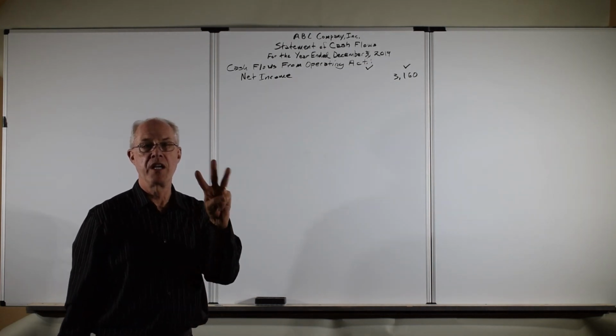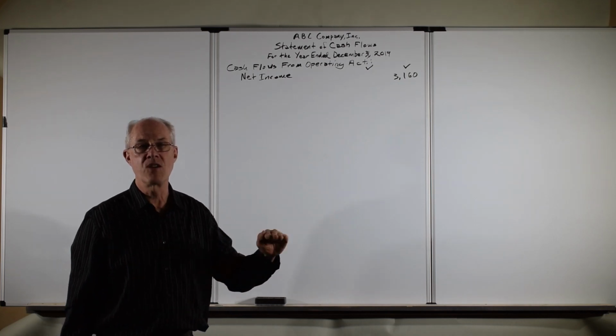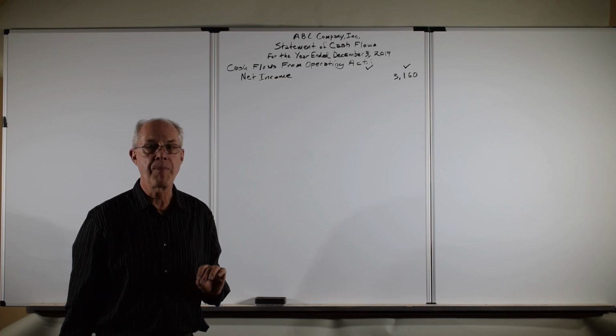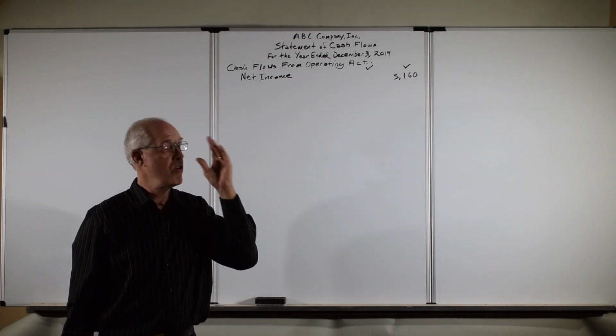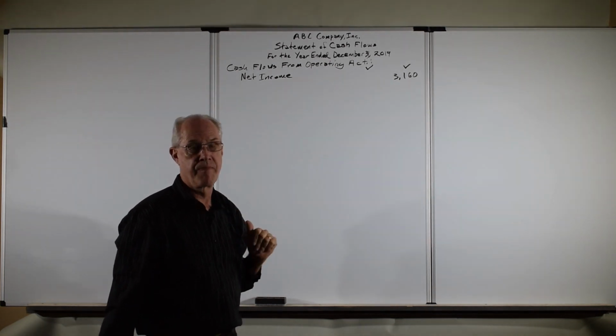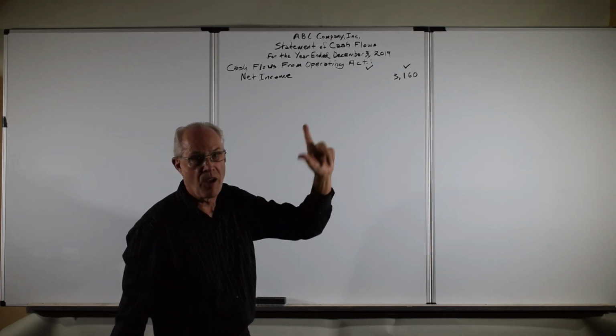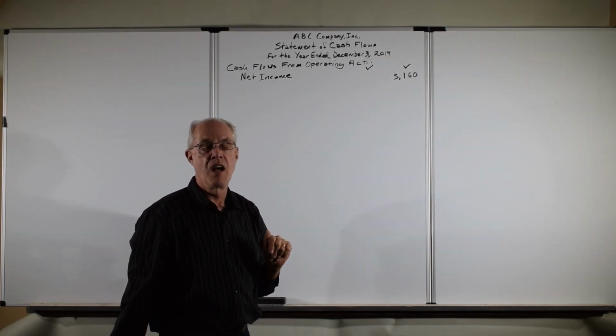And number 3, we're going to factor in the increases and decreases in the operating balance sheet accounts. So in order to arrive at cash flows from operating activities, we got to take our net income, which is not cash flow, and adjust it.